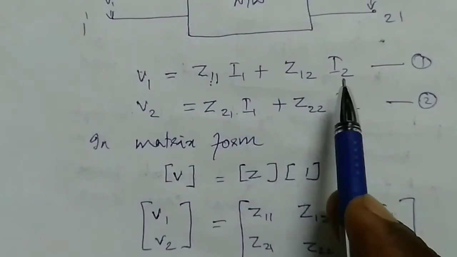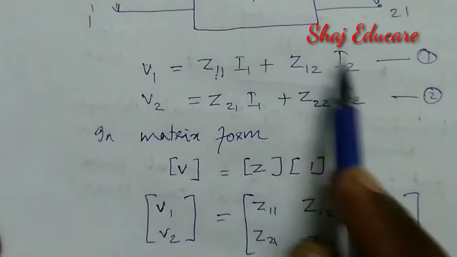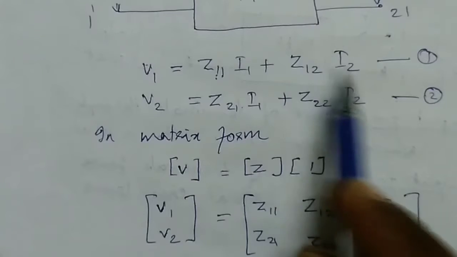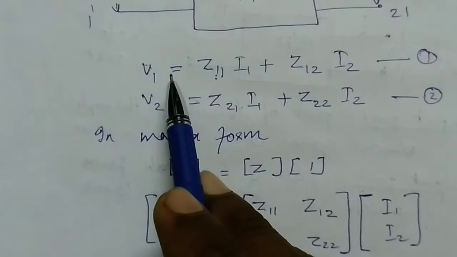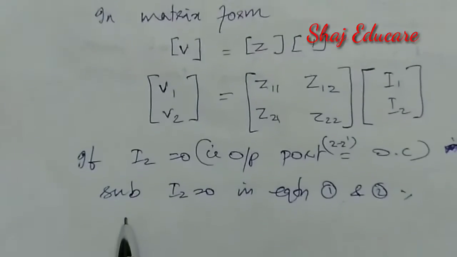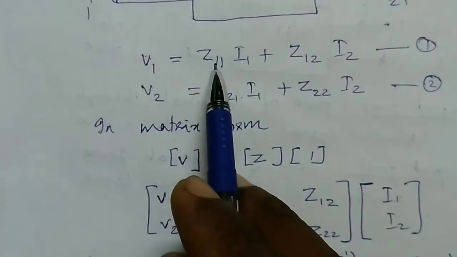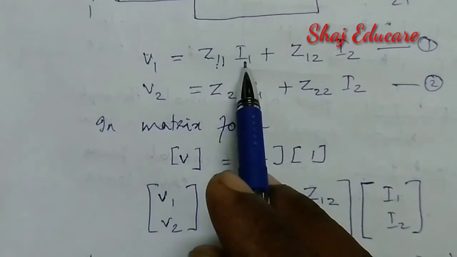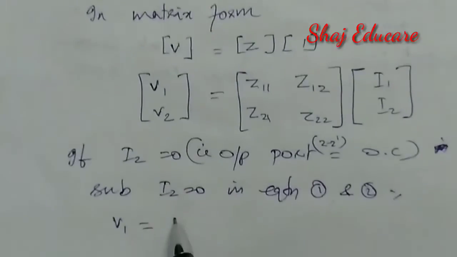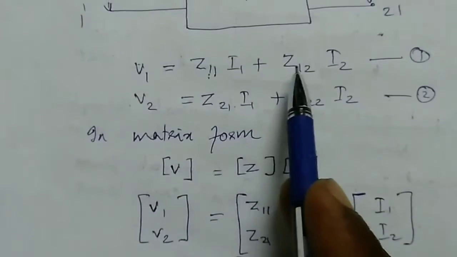If I2 is equal to 0 in equation 1, the second term will vanish, and the only term remaining on the right hand side is Z11 I1. So we may write V1 is equal to Z11 I1 plus Z12 into I2.